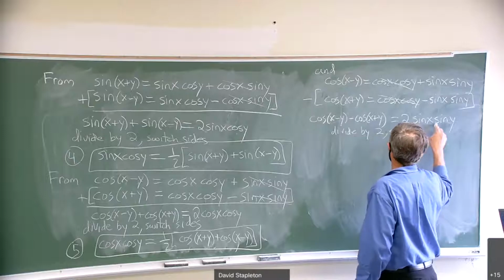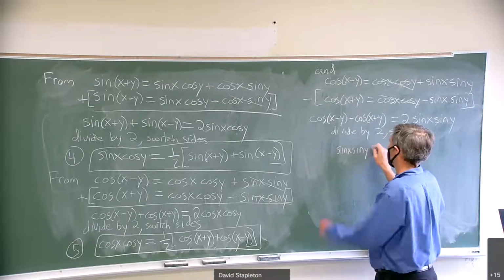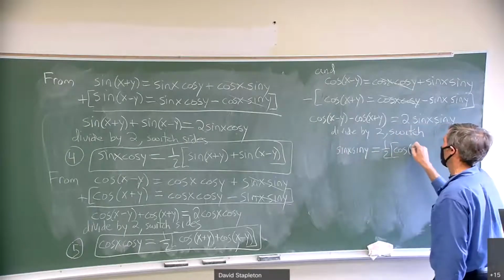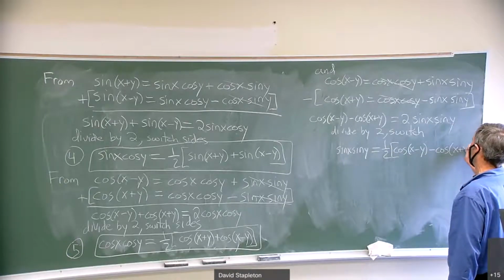What do I get? I get this on the left without the 2, sine x sine y is equal to half what's over here. Cosine x minus y minus cosine x plus y.